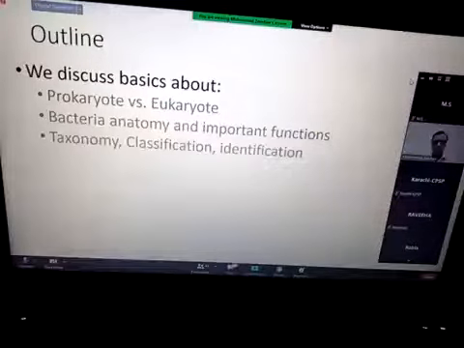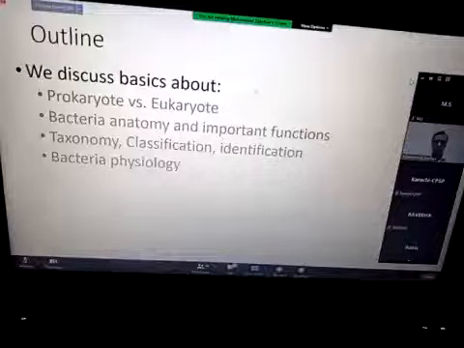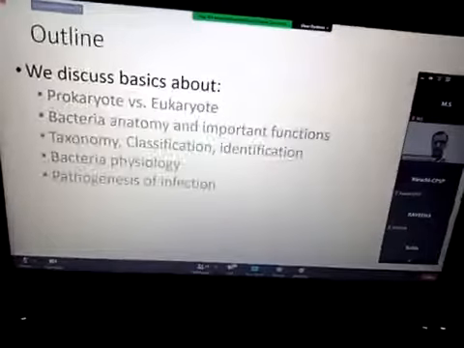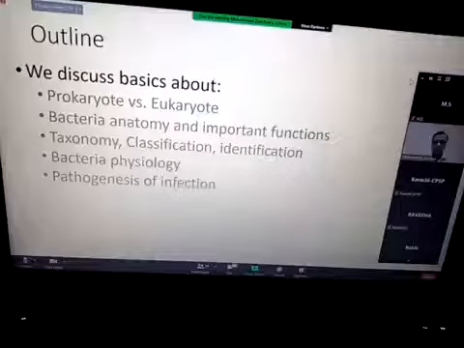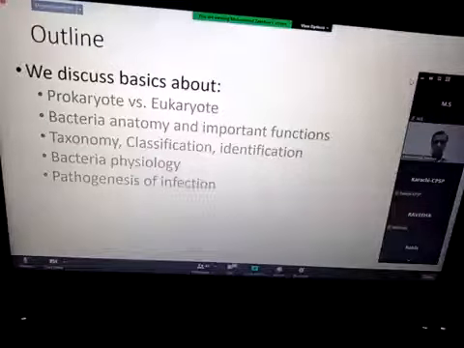We will just touch on what is taxonomy, what is classification, and how it helps, and what is the significance. We will discuss the bacterial physiology, what are the important functions related to that specific structure, and the basics of pathogenesis of infection. So you can have an idea about all these things. It will be all about basics.